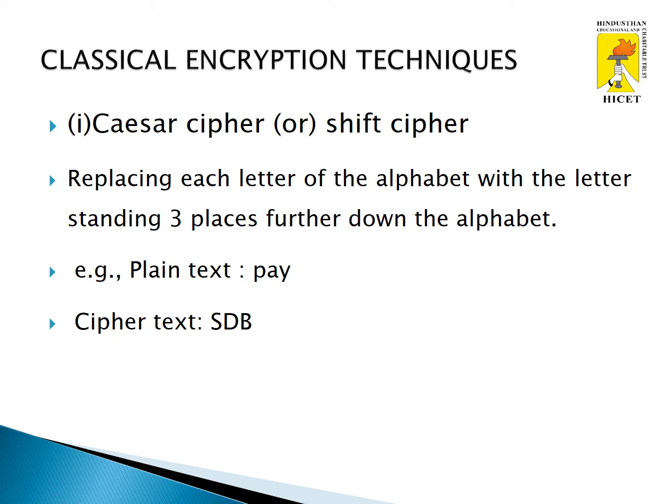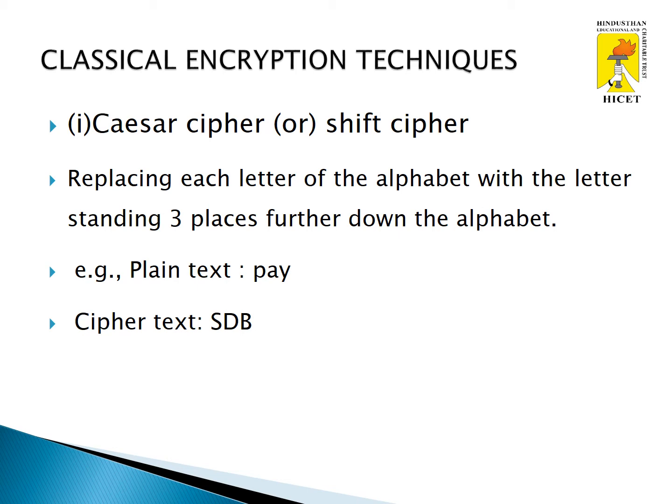Caesar cipher or Shift cipher is the simplest cipher in a substitution technique. Here, each letter is replaced by the letter 3 positions further down the alphabet. In Caesar cipher, we replace each letter of the alphabet with a letter standing 3 places further down the alphabet.